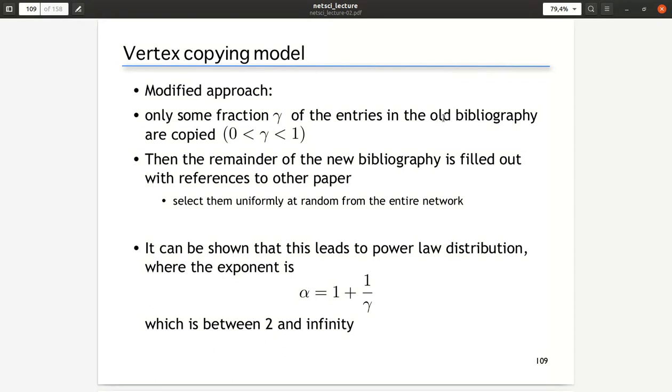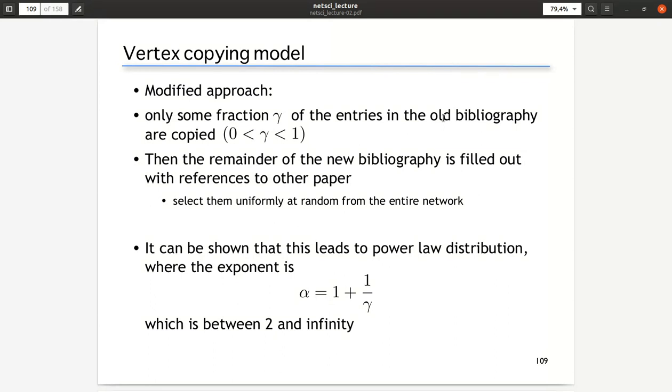We are selecting them in a uniformly random way. And of course, we are not citing papers in reality in this way, but for the model right now, this is the approach.